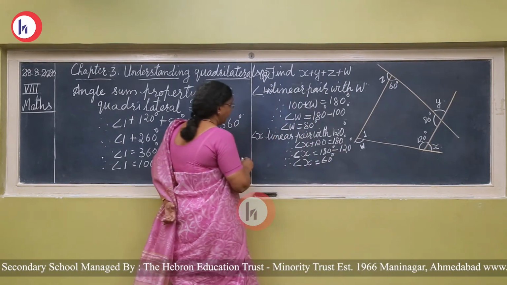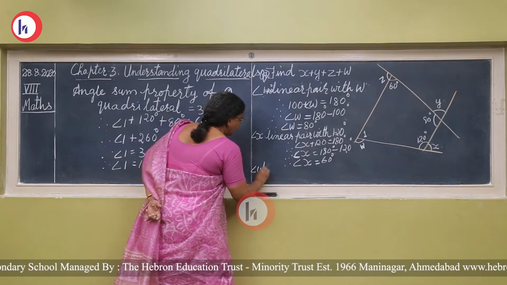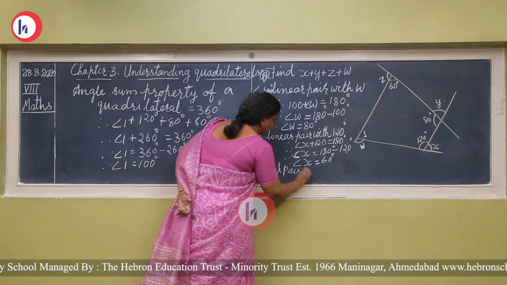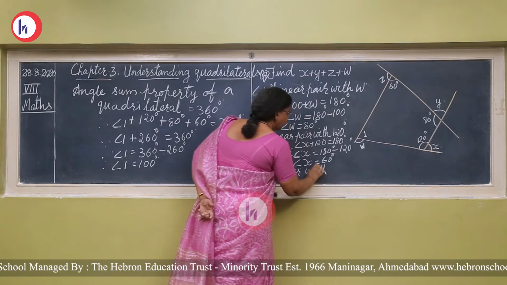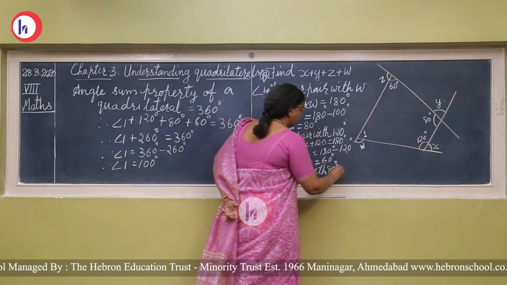In the same way, we can find Y. Angle Y is a linear pair with 80 degree.